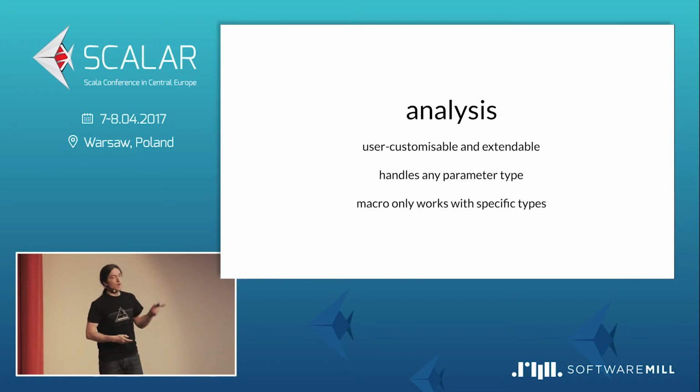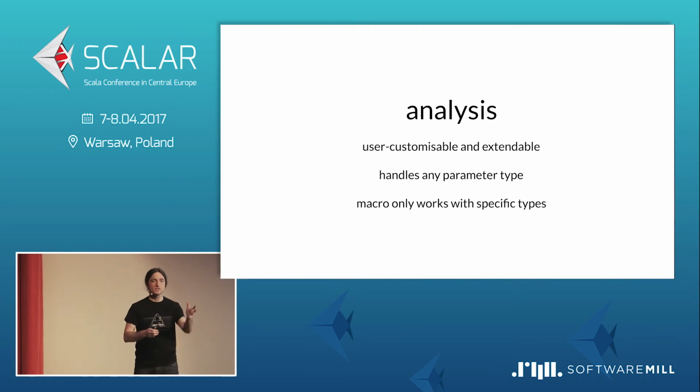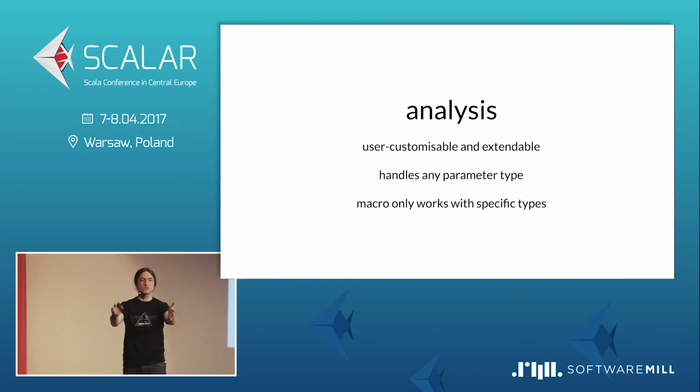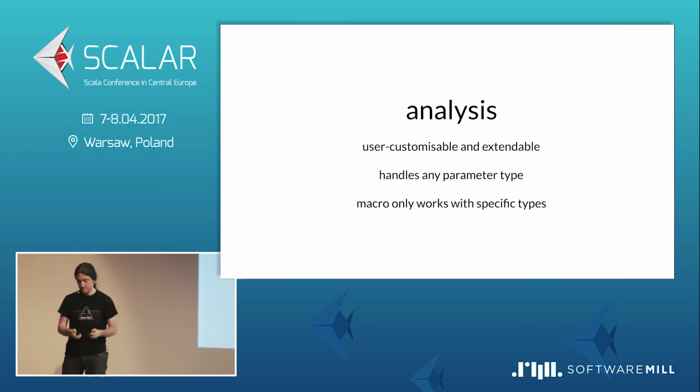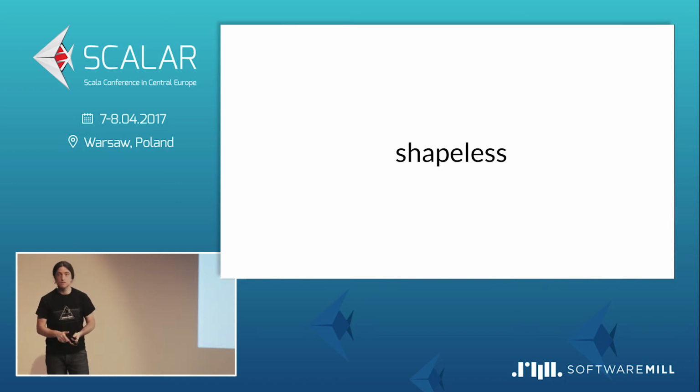So what would be nice here is if rather than looking at apply methods and searching for the right methods and searching for their parameters and doing all this low-level syntactic stuff, we had a way to just look at the structure of the case class, get rid of all the detail, and solve for the fields in the case class. And that's where we can switch from macros to shapeless.